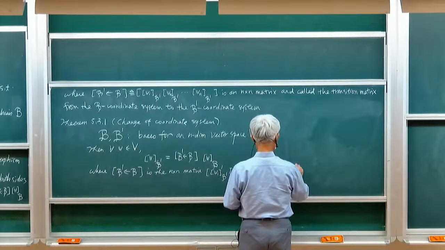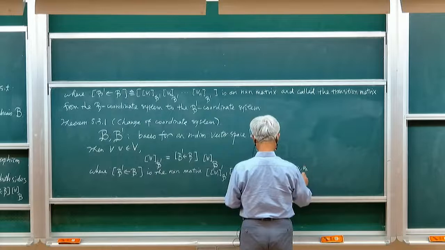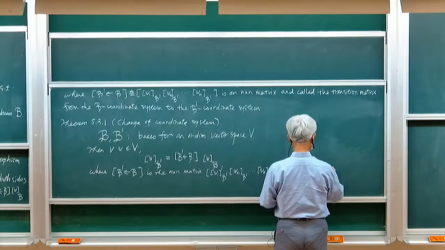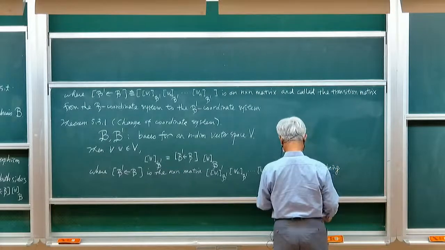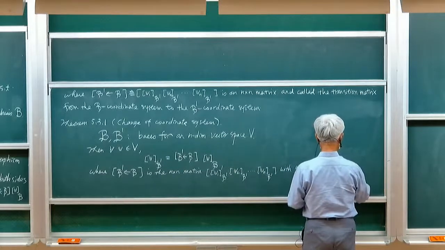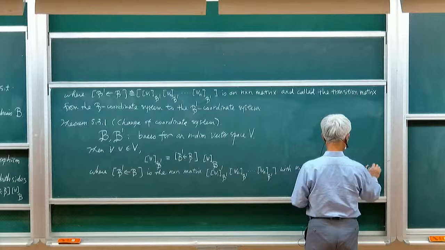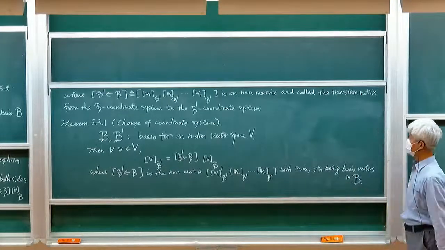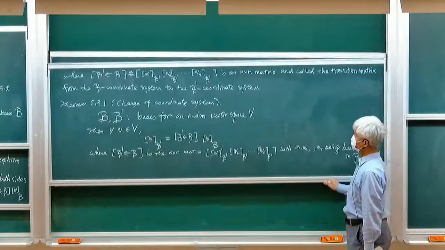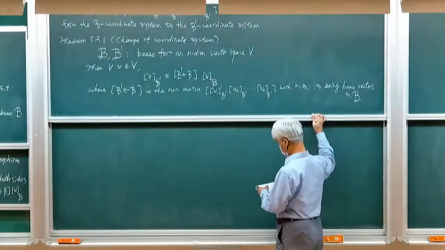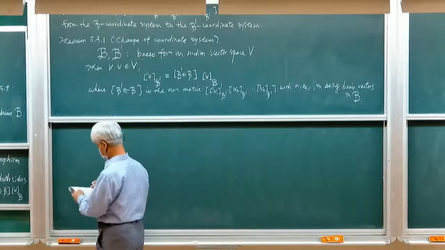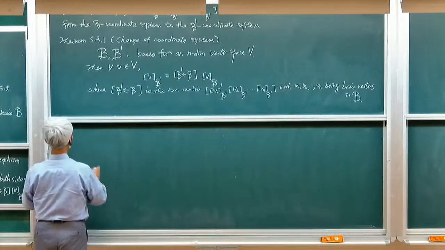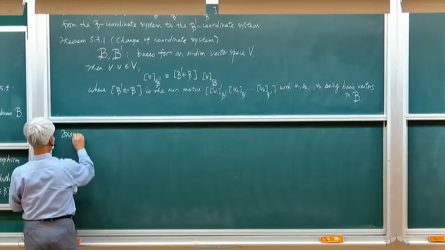With V1, V2, up to Vn basis vectors in the basis B. All right, so let's take an example.